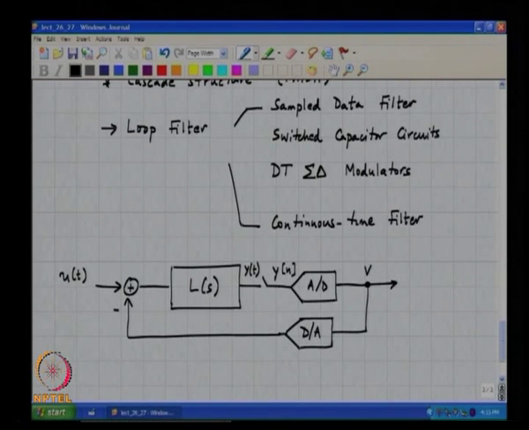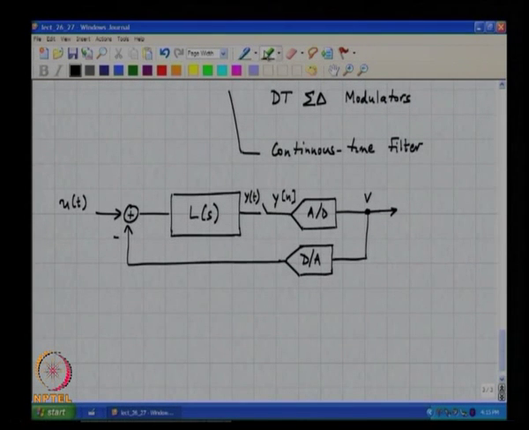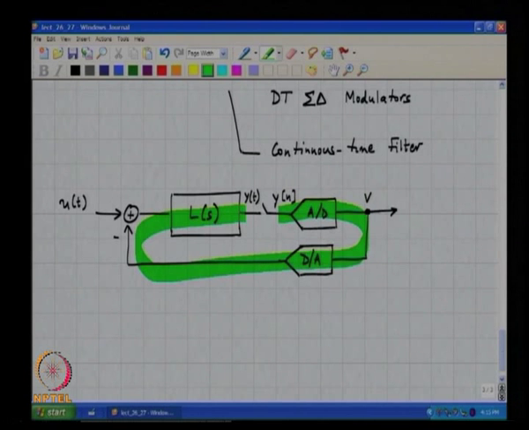As far as the loop is concerned, you can fool the loop into thinking that what is there in fact here is a discrete time filter, because you are anyway sampling the output of L of S, is not it. So, as long as the samples match what you would have gotten if there was a true discrete time filter L of Z, the loop would not know, so to speak, right.